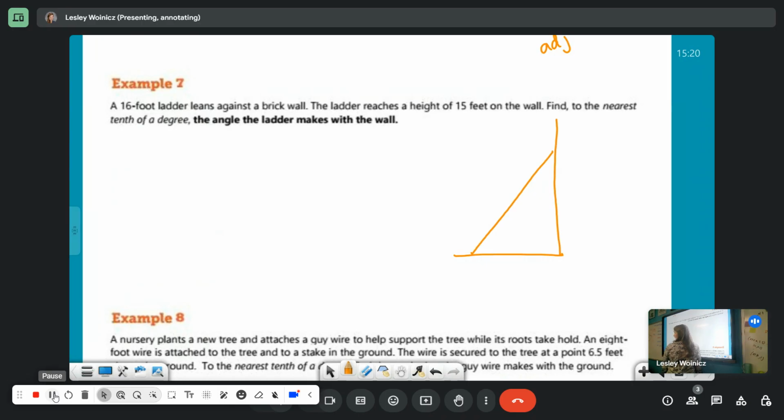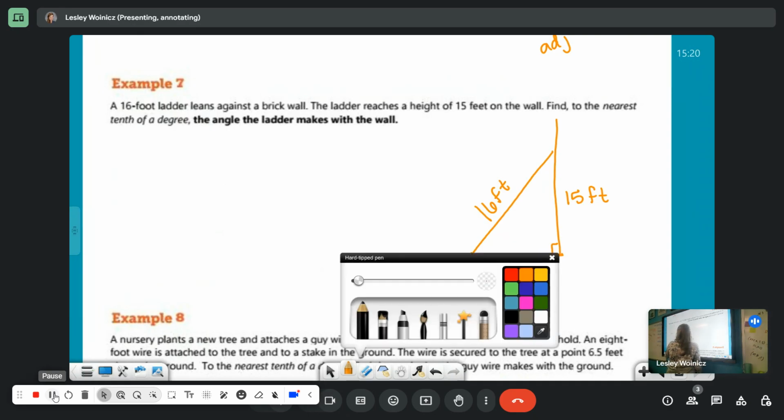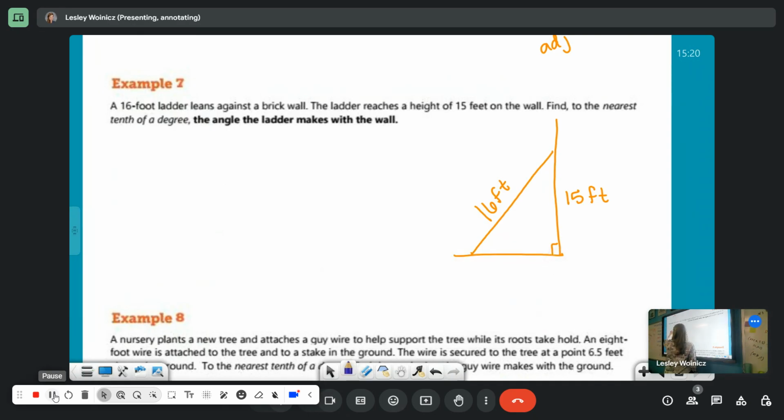How long is the ladder? 16 feet. How high does it reach on the wall? 15 feet. Okay, so where is our theta? Up here or down here? If we're looking for the angle that the ladder makes with the wall, this is our theta.